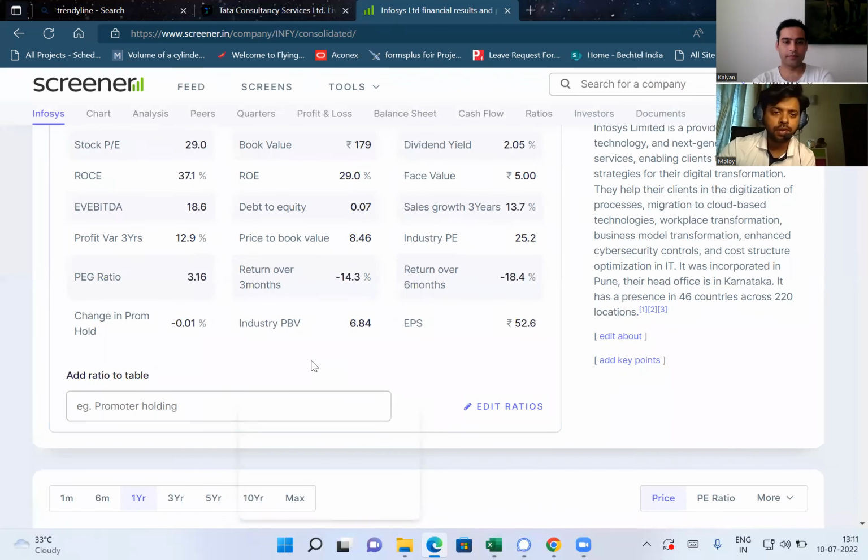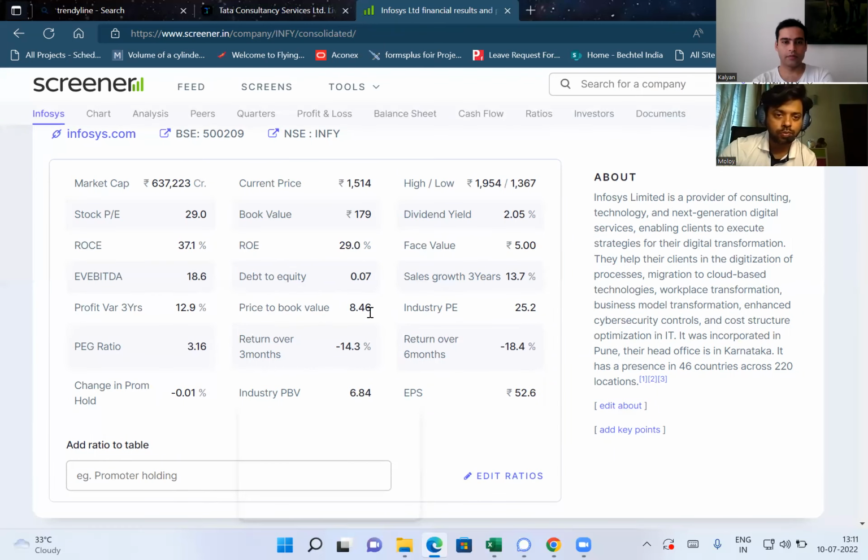Then the industry price to book value is there, and also book value. The price to book value is the current price divided by the book value of the company. Book value is nothing but if you liquidate the entire company today, how much cash you can get out of it.